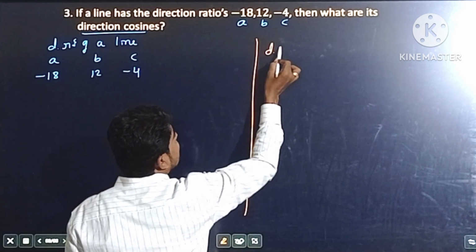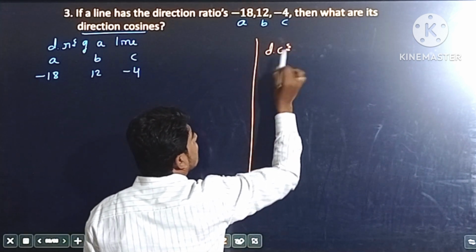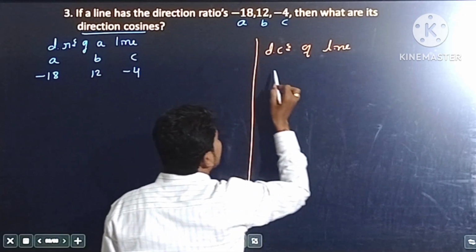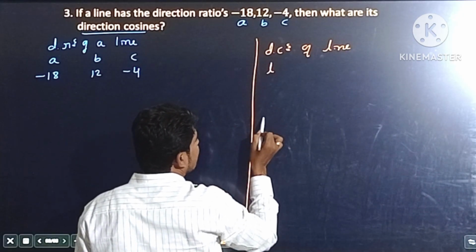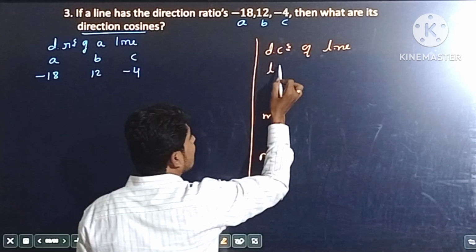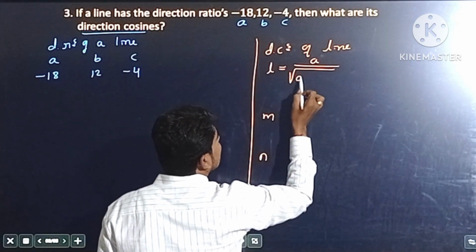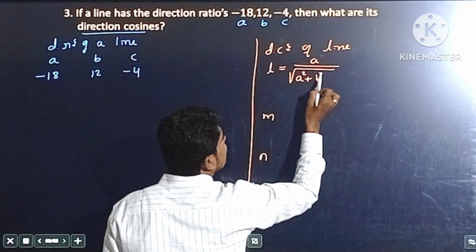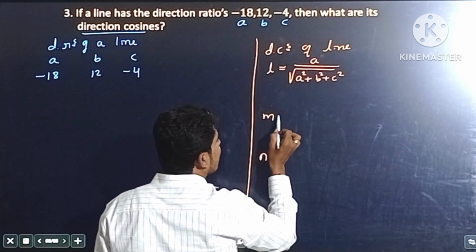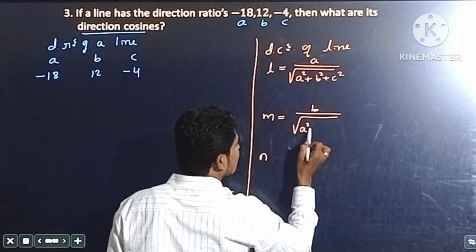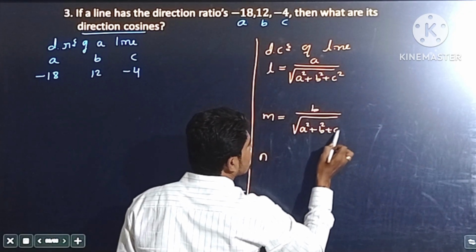And when direction ratios of a line are known, then the direction cosines of the line are L, M and N. The value of L is equal to A divided by square root of A square plus B square plus C square. The value of M is B divided by square root of A square plus B square plus C square.